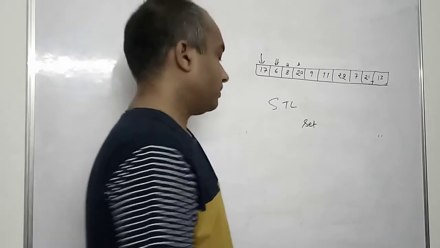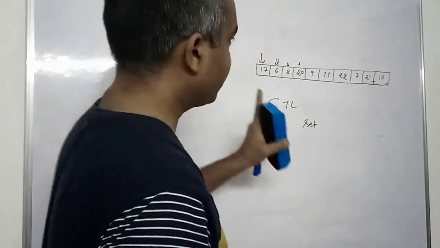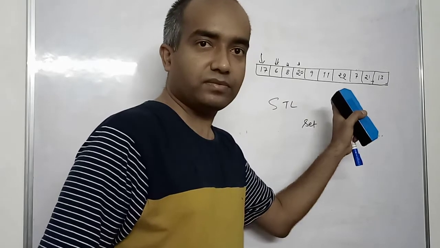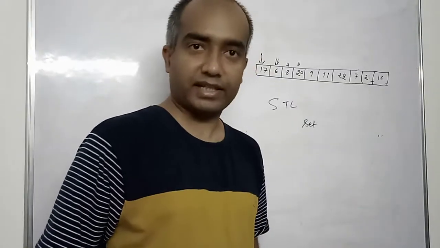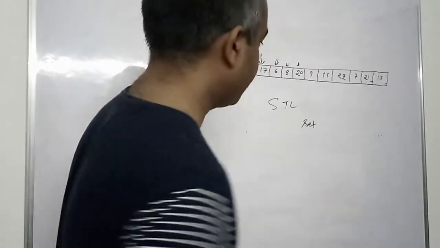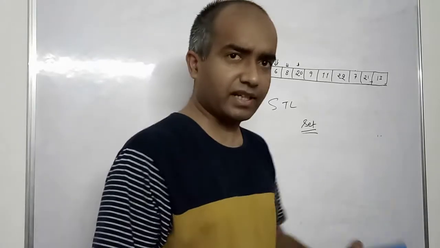Okay, so let me give you a brief idea about the set here, because I'm going to tell you one more way that you can find the 3rd largest element, 3rd smallest element, right? When we talk about the set data structure, there are certain functions, like the insert function.